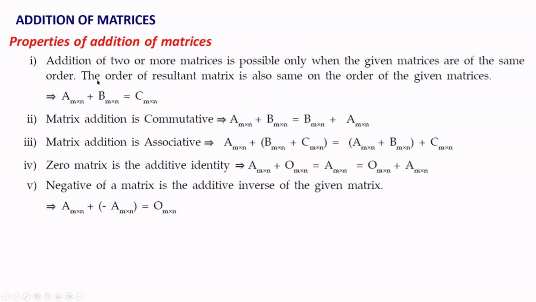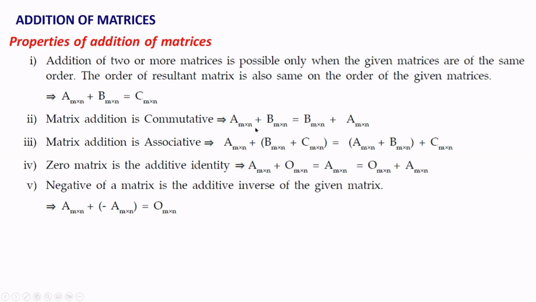Now we have the properties of addition of matrices. Addition of two or more matrices is possible only when the given matrices are of the same order, and the resulting matrix will also have the same order as the given matrices. Then the next property is matrix addition is commutative.